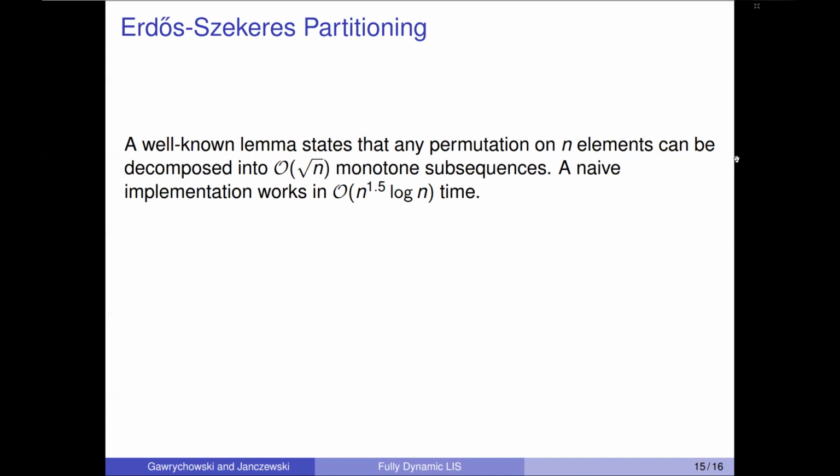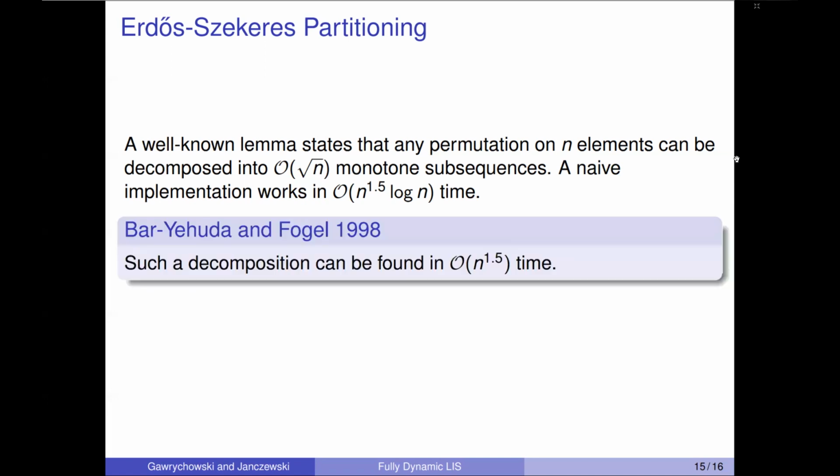And this in turn means that a permutation on n elements can be partitioned into roughly square root of n monotone subsequences just by extracting this guaranteed longest one repeatedly. Okay, and a naive implementation of such a partitioning works in time n to the power of 1/2 times log n. And it was known that we can shave off this one log, but not decrease the exponent in our polynomial time.